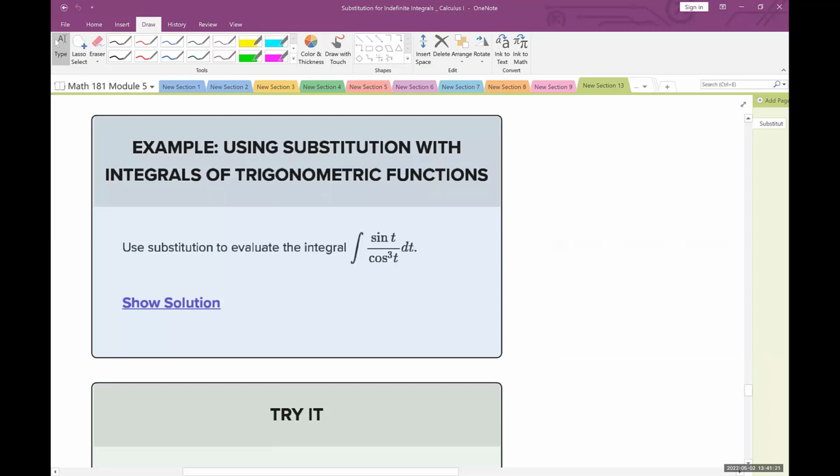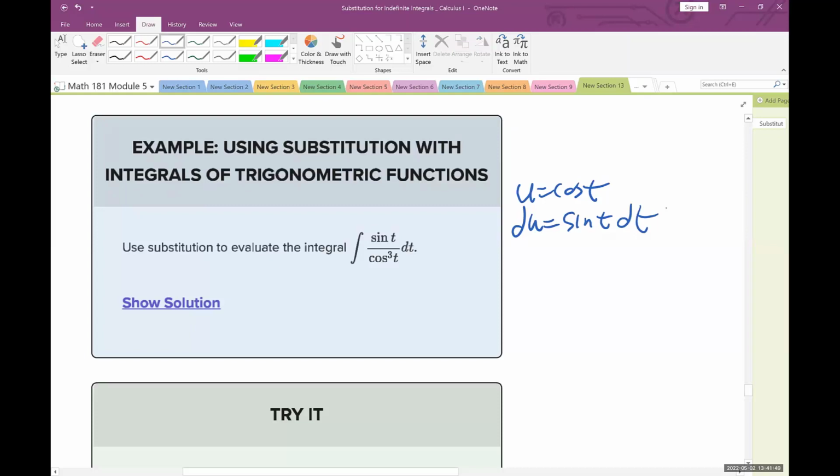Well, one way to consider when you're dealing with sines and cosines, the part that I would consider the active portion is that bottom part, because that's got the power to it. And if you were to say in this case, u equals cosine of t, what's the derivative of that? What's the derivative of cosine? A positive sine t dt.